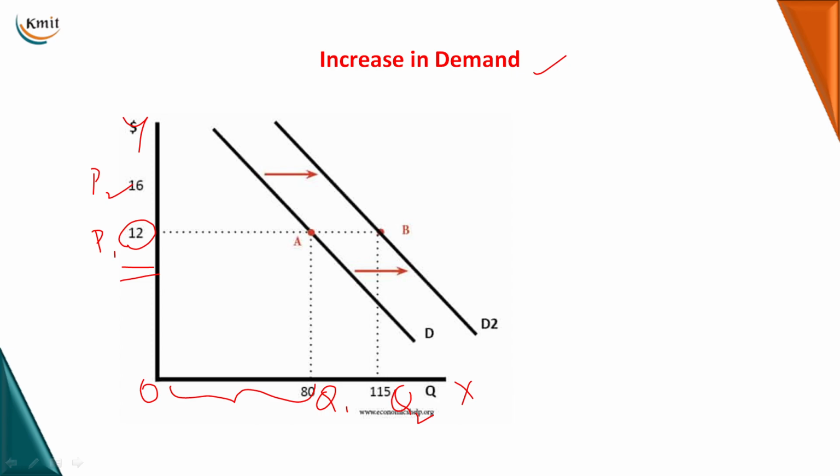And still it is observed there is a change in the demand happening from Q1 to Q2. But price remaining constant, there is no change in the price at all. Still there is a change in the quantity demanded. So the new quantity will be from 0 to Q2, right?